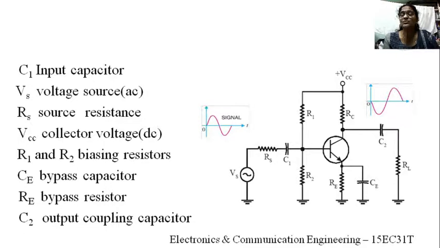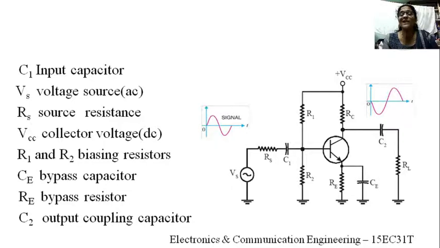Similarly, if C2 acts as a short circuit, what happens there? The loading effect will come, right? RC and RL loading effect will come. Due to that loading effect, the output voltage is also reduced there. If you are using two stages, due to the loading effect, the input for the next stage is reduced.